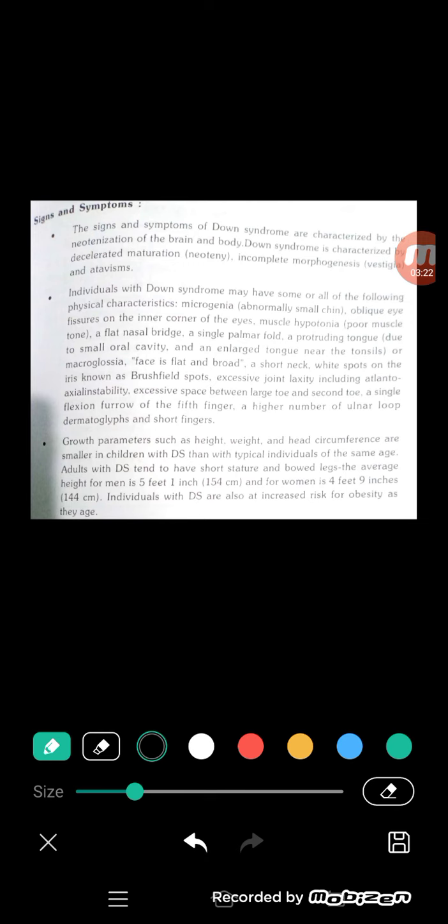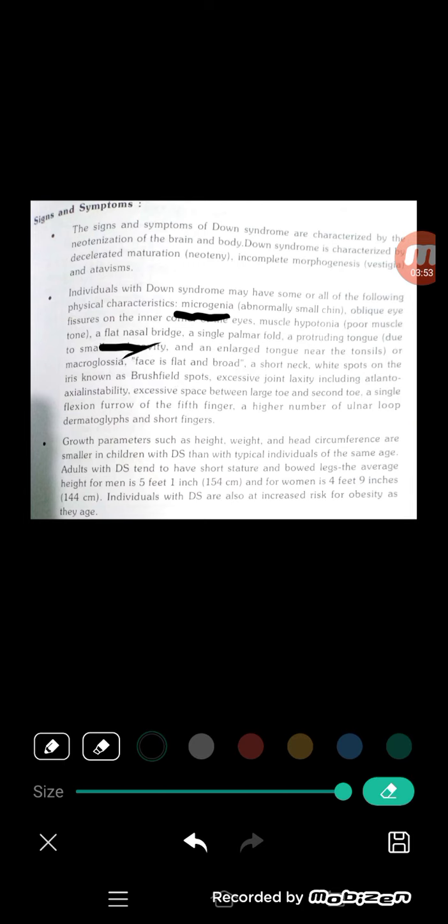Individuals with Down syndrome may have the following physical characteristics. The first is a small chin, known as microgenia. The next ones are eye and muscle effects, poor muscle tone, a flat nasal bridge, a flat and broad face, and spots on the face.